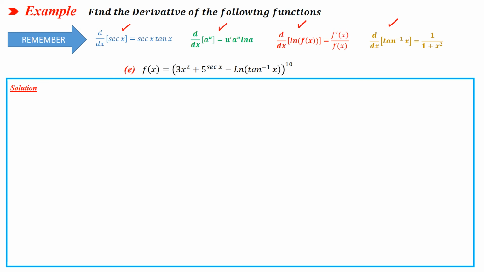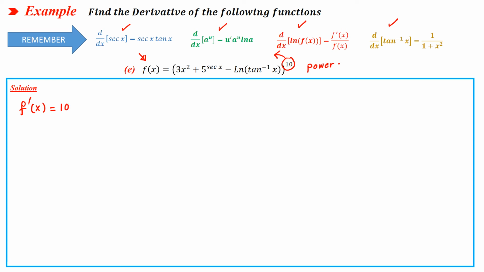Now we will start with the function we have in this question, f of x equals bracket to the power 10. So you have to use the power rule firstly to find the derivative. So f prime of x equals, you have to put down the power.